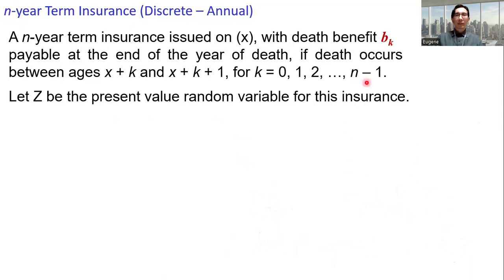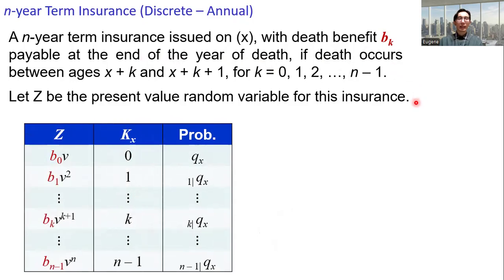Okay, so what if the death benefit is b_k, payable at the end of the year of death if death occurs between ages x plus k and x plus k plus 1, for k equals 0, 1, 2, up to n minus 1. Z is the present value random variable for this insurance. And here we have the PMF.